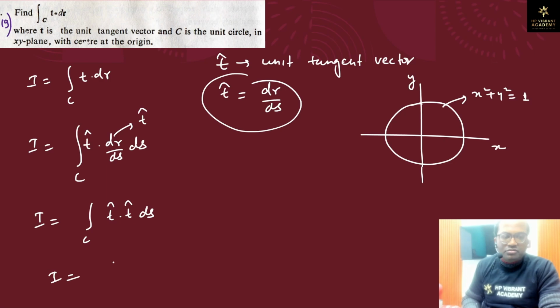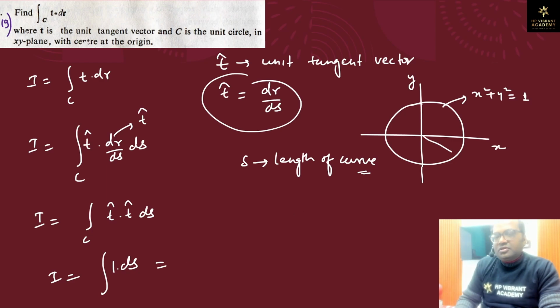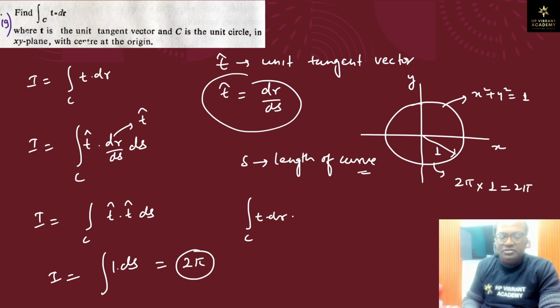So I is equal to 1 into ds, and s is the length of the curve. So on integrating it throughout the circle, we will get the perimeter. Since the radius is 1, the perimeter will be 2 pi r, so r is 1 and this is equal to 2 pi. So the value of the integral is 2 pi. Okay, so along the curve C, T dot dr is equal to 2 pi.